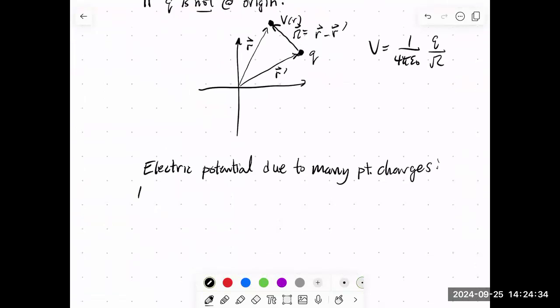So the electric potential also obeys the superposition principle.